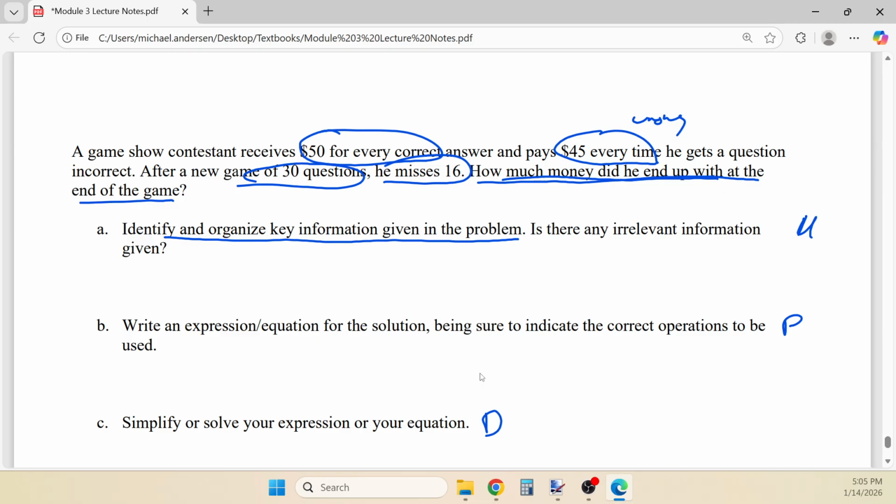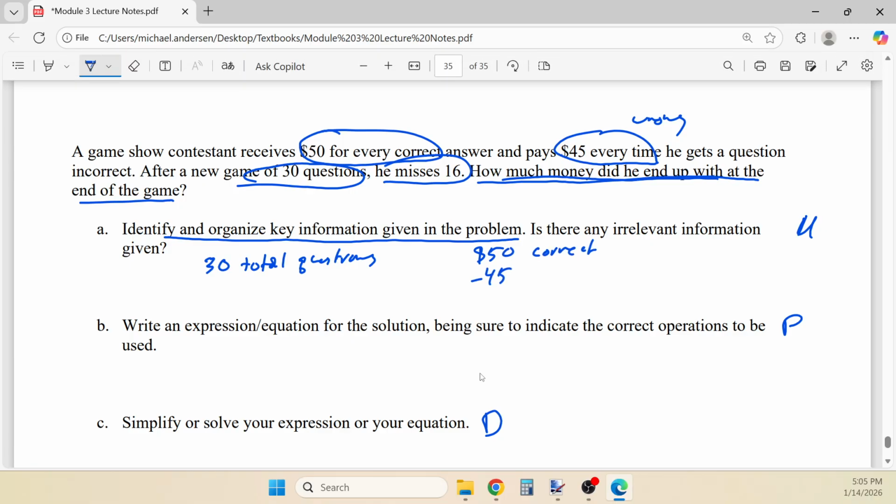Okay, so we know that there are 30 questions total. We know that's 50 for every correct answer. 45. We're going to put negative 45 for every incorrect answer. There are 16 answers wrong.